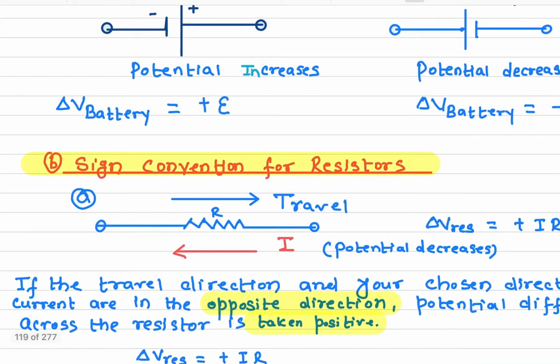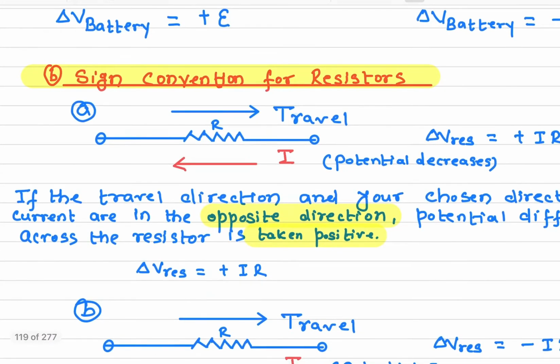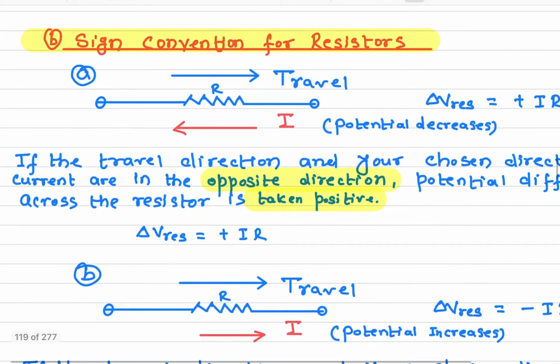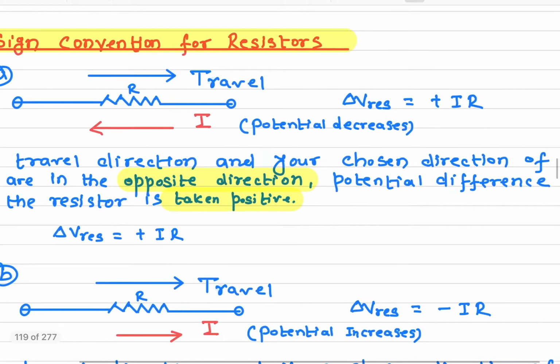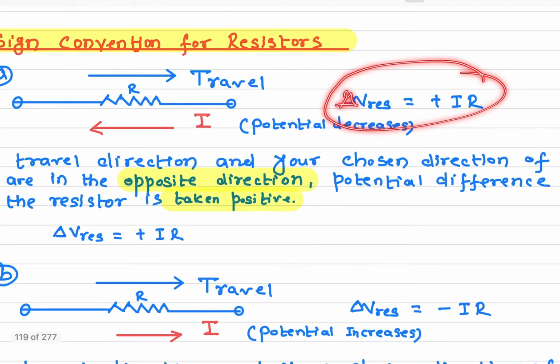And here are the sign conventions for the resistors. You see this is my travel direction and the current is going in the opposite way. In this case, as the current and the travel are in opposite directions, the potential drop across the resistor is considered positive. The delta V here is the potential drop across the resistor.